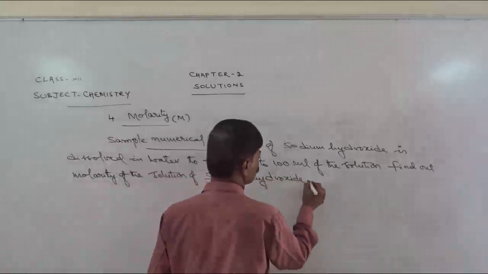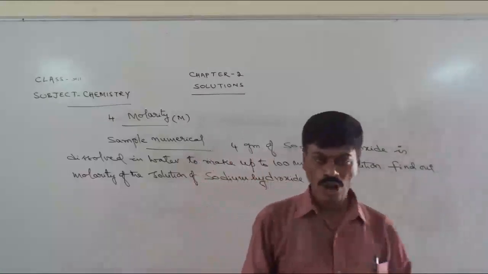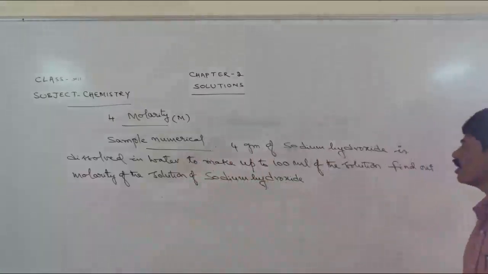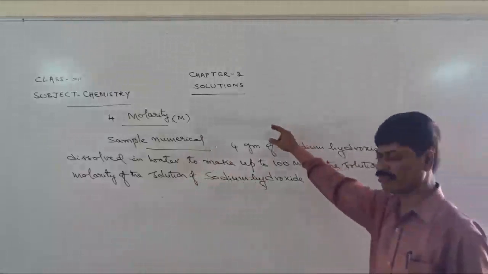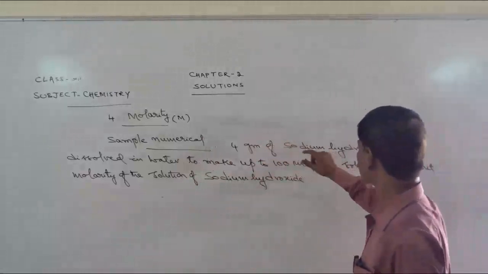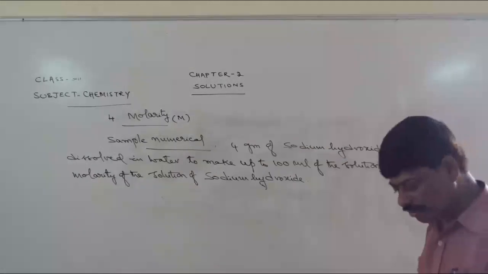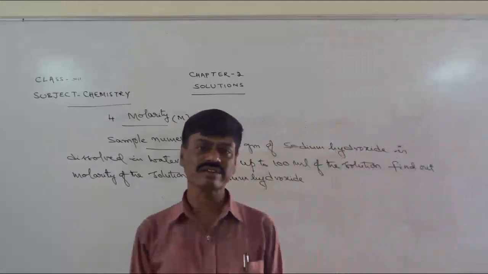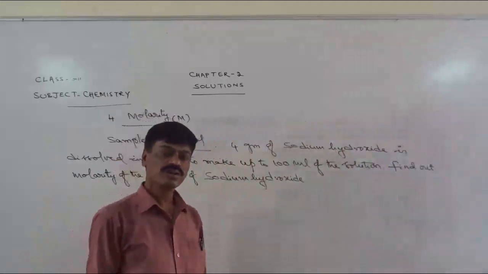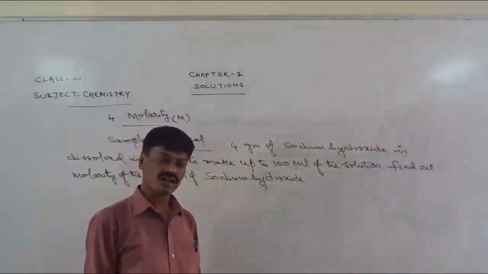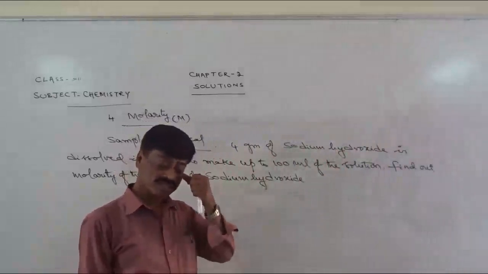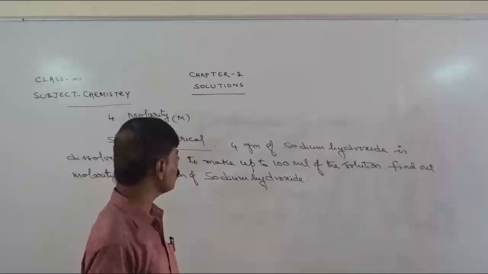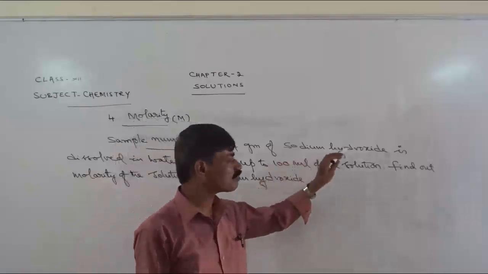This is a very simple numerical. How to find out? Let us see. So here 4 grams is small m, that is the given mass of sodium hydroxide. The molecular composition of sodium hydroxide is NaOH. So here we need to recall the atomic masses of sodium, oxygen and hydrogen. These are the 3 different elements present in sodium hydroxide.